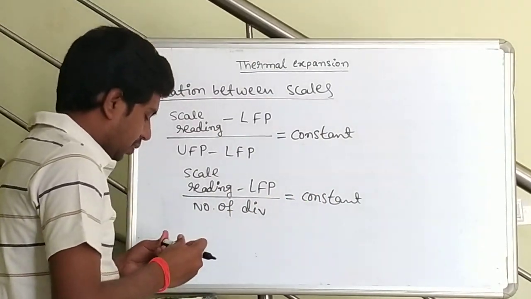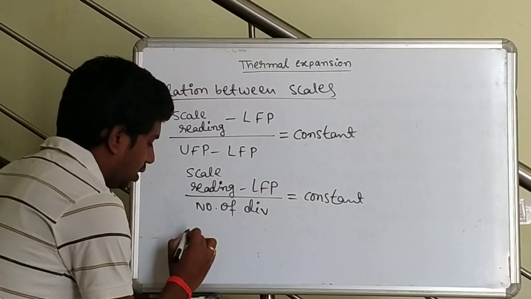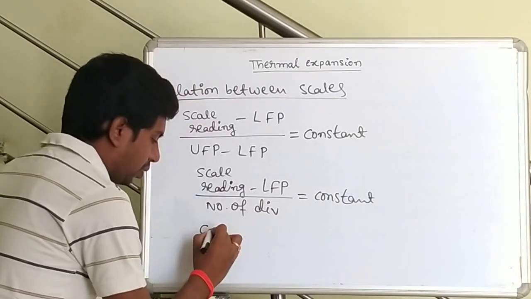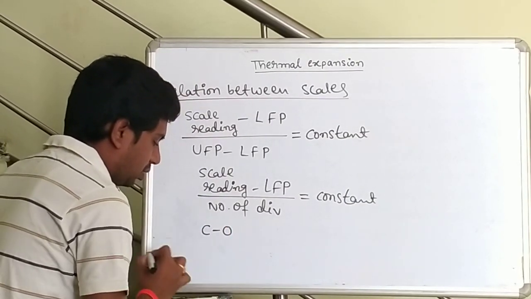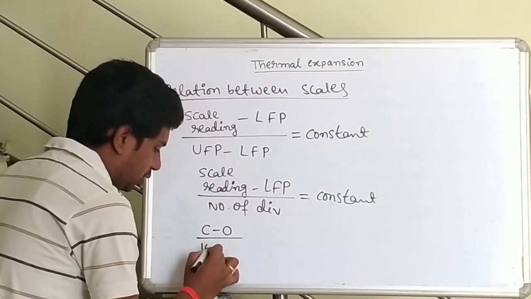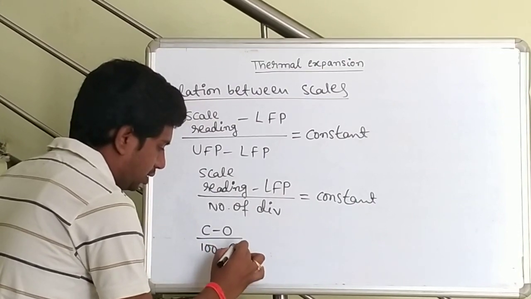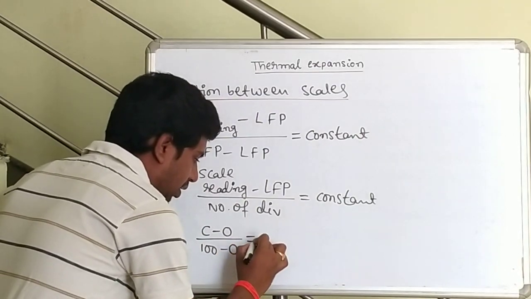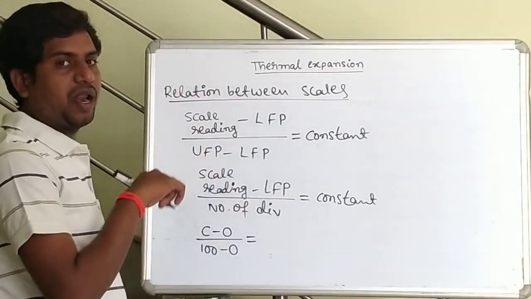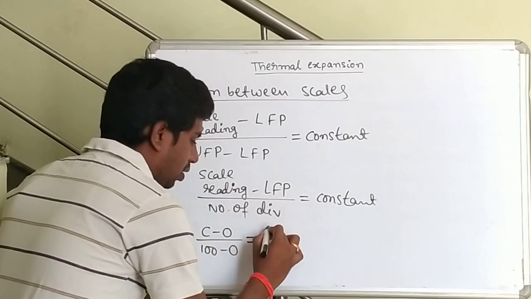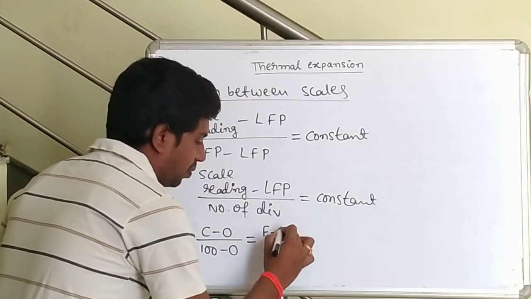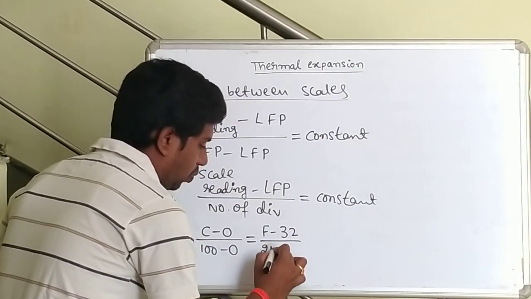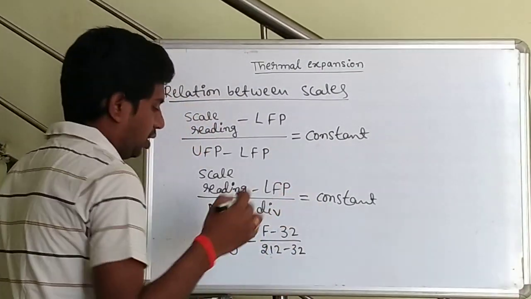For example, if we take the Celsius scale, suppose the reading on the Celsius scale is C, its lower fixed point is 0, upper fixed point is 100, minus lower fixed point is 0. It gives the same value as that of the Fahrenheit scale, where the Fahrenheit scale reading is F, lower fixed point is 32, upper fixed point is 212, and lower fixed point is 32.